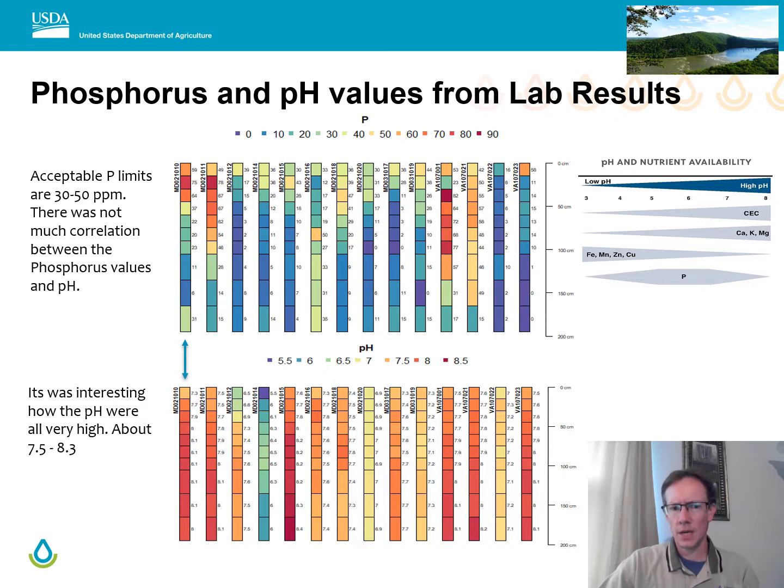We had pHs between 7.5 and 8.3, so fairly high. I was looking to see if there's any correlation of high phosphorus and high pH, or high phosphorus and low pH, or something like that, but I didn't see any correlation in that case.